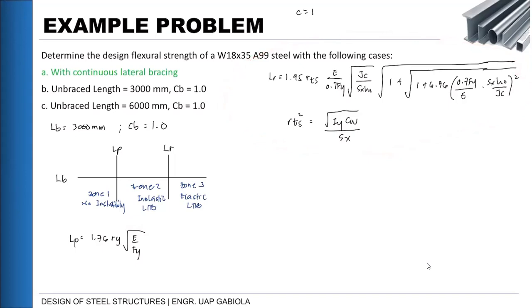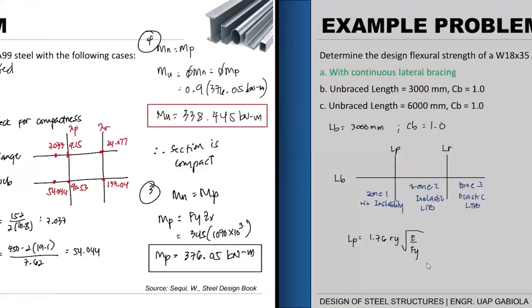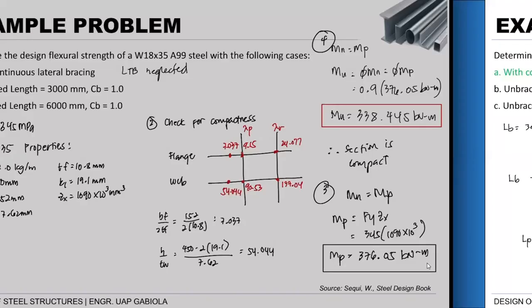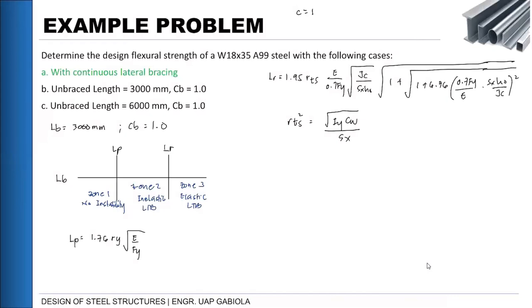What we need are RY and E and FY. E and FY, no problem because we identified that on the previous slide. But RY, we have not identified yet. So we need to get our AISC table.